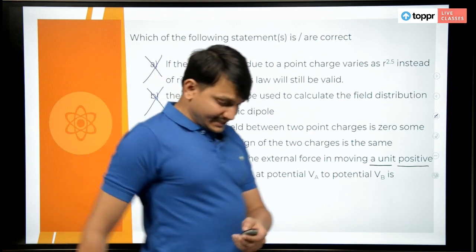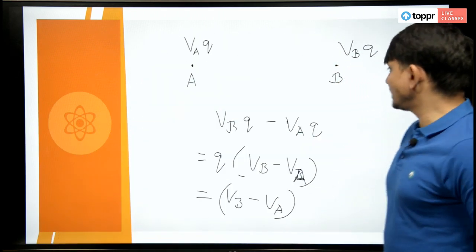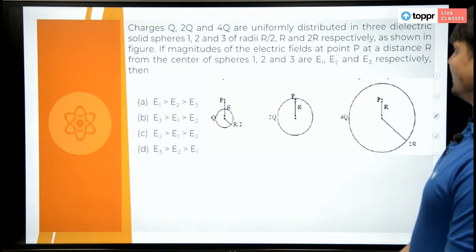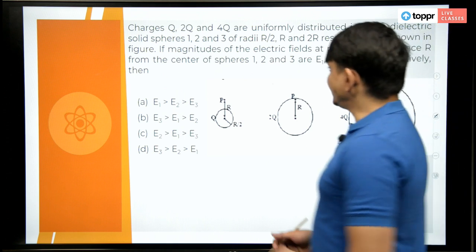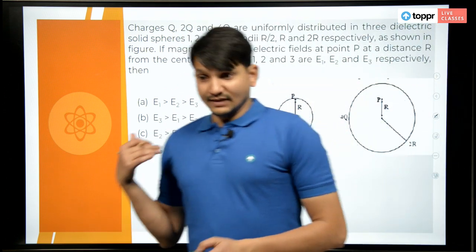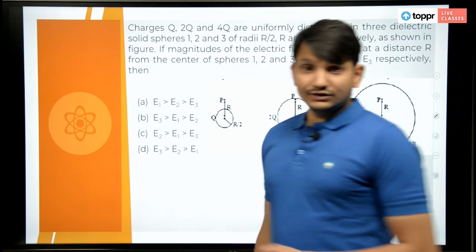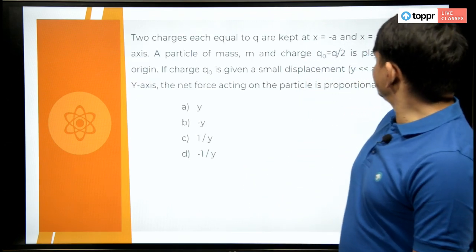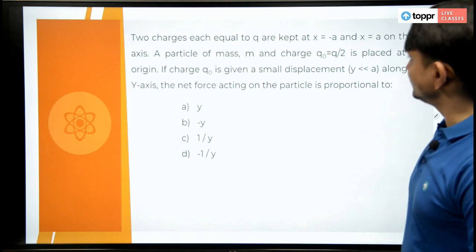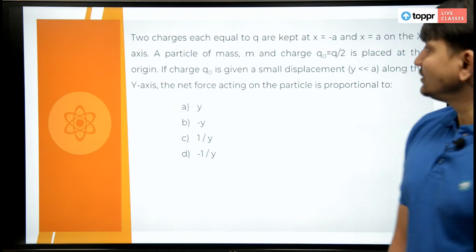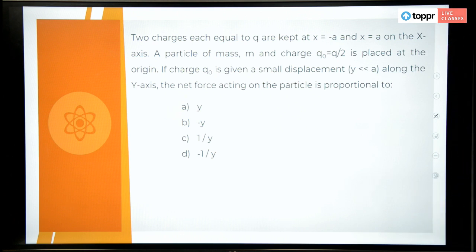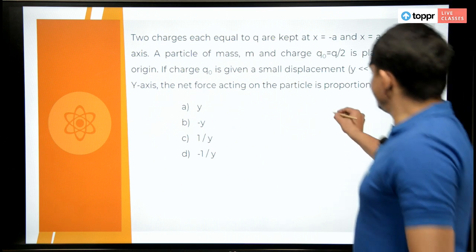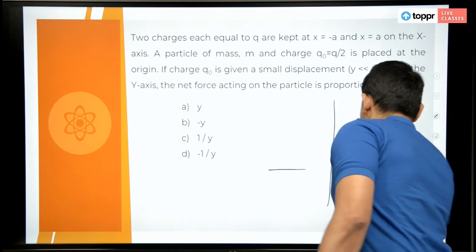Okay, I had kept some questions to try with you, but because of the time crunch I cannot explain that to you. I want you to have a look at it, and after some time we can discuss it together. So this is about two charges equal to Q kept at distance x equals to, let me write it something like this.